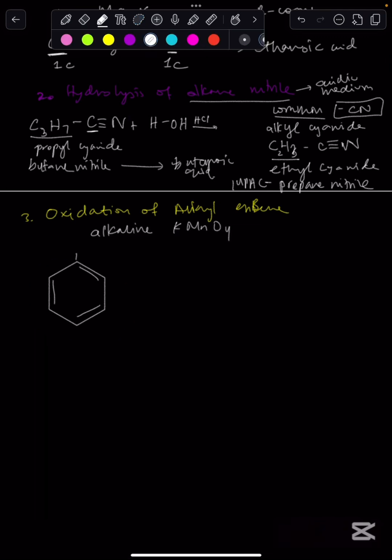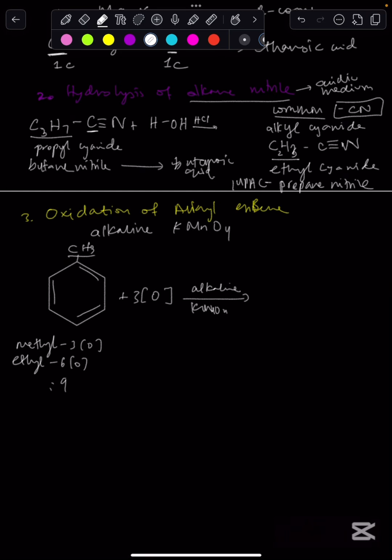So what we have is alkyl benzene, for example, methyl benzene. We're going to react it with oxygen. So for methyl, we may take 3 oxygen. For ethyl, we may take 6 oxygen, and so on. For propane, we may take 9. So we take 3 oxygen over here, we use alkaline KMnO4, and then what we form is benzoic acid.